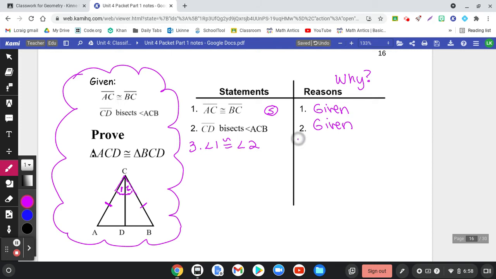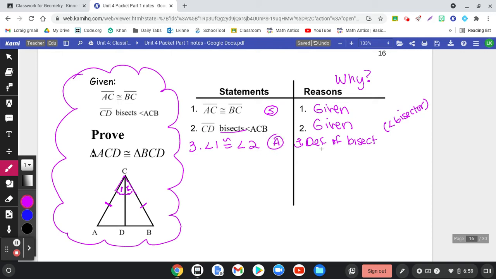And the reason that we knew that those were congruent, because of this word bisect, so you just say definition of bisect. Or you could also say definition of angle bisector. Either way. So now we have the angle.